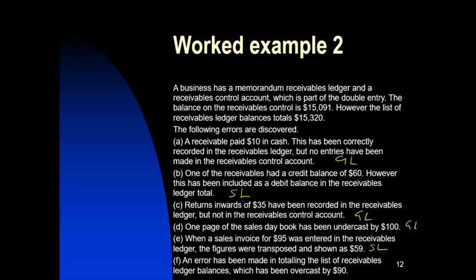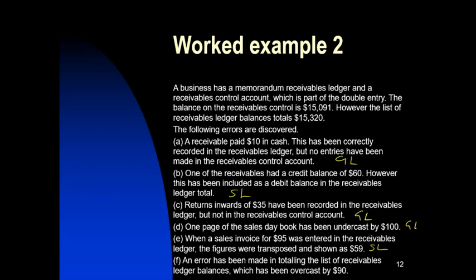Then, an error has been made in totaling the list of receivables ledger balances, which has been overcast by $90. By the end of the day, the list of balances has to be totaled, but that has nothing to do with the sales daybook totaling.